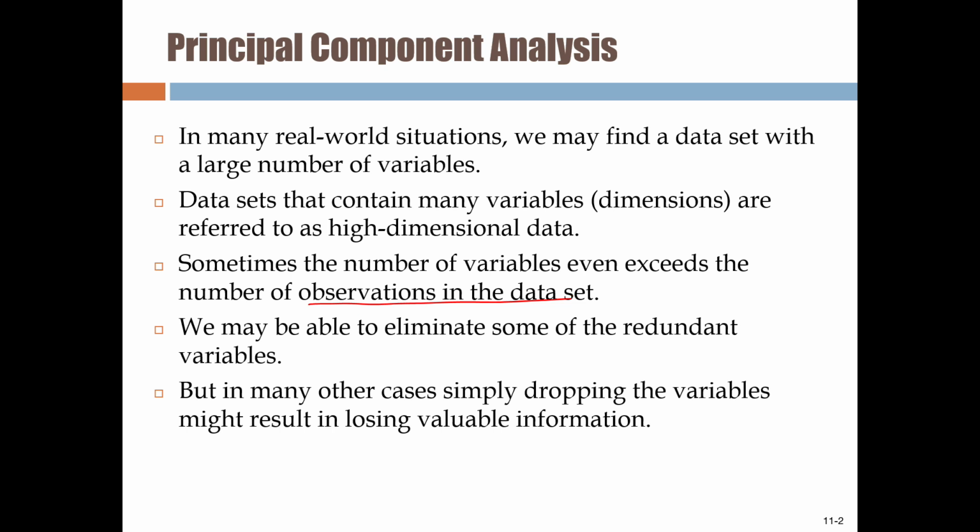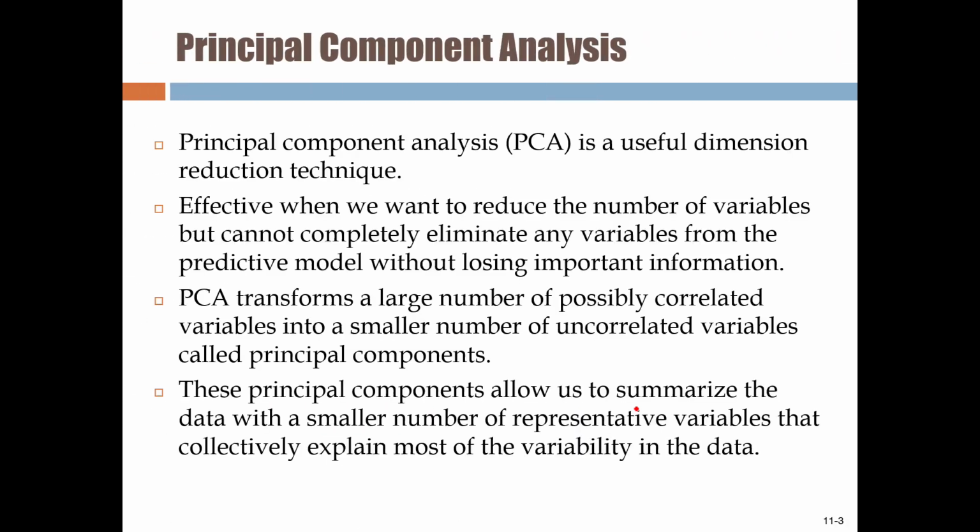Okay, so when dropping variables, we lose valuable information. So can we not lose the valuable information, but still reduce to a smaller number of independent variables? Principal component analysis is a useful dimension reduction technique.